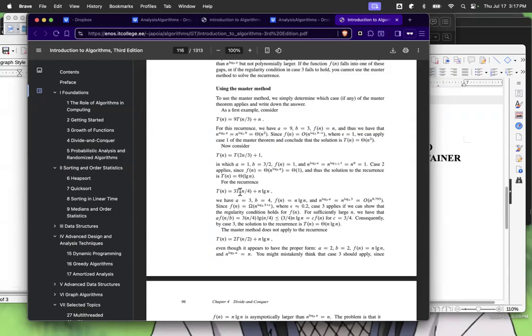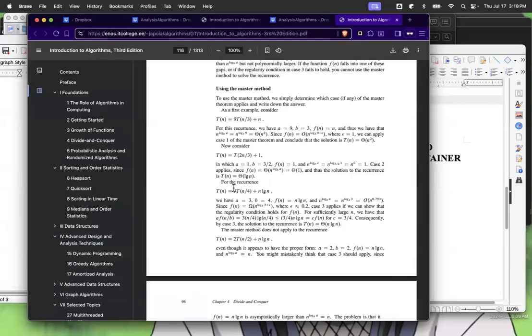Now in this case, you have 3 times n over 4, and then this is n log n. So now log base b of a would be log base 4 of 3.